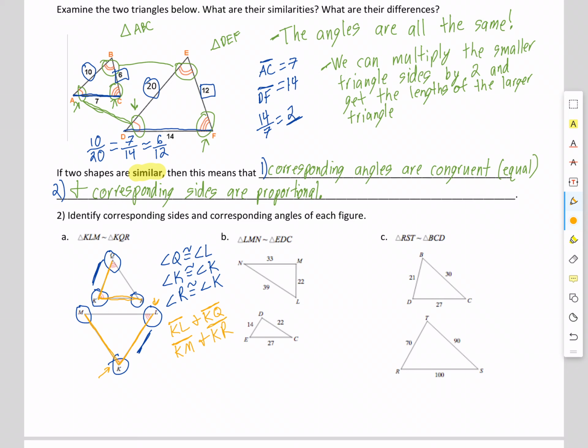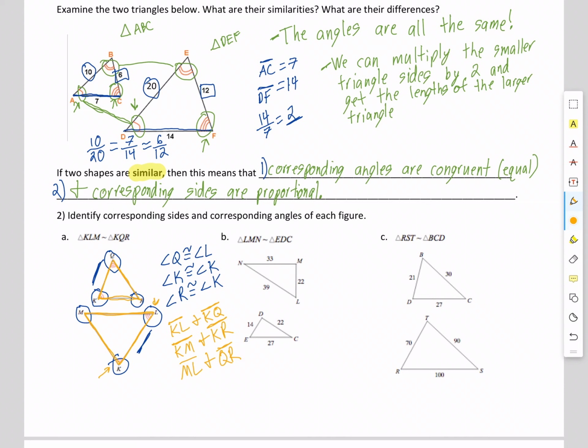Hey, those are my initials, KR. Yay! And then these last ones would be the rest. So we'd have ML and QR. It doesn't really matter the order of which way you write the letters, but that's how those would be written.